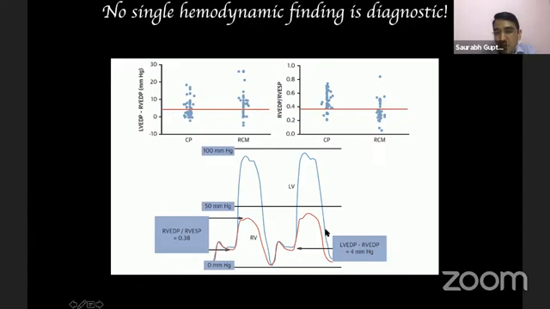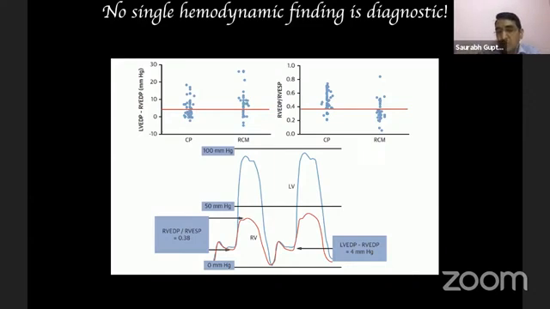And if you take a cutoff of 4 millimeter of mercury, then a lot of patients with constriction also will have this spread. Similarly, if you take RVEDP by RVESP more than 0.38, then again, it is not so dichotomous, but still, since these numbers give us a relative differentiation between constriction and restriction, we tend to take these numbers, but everything depends upon the company it keeps.